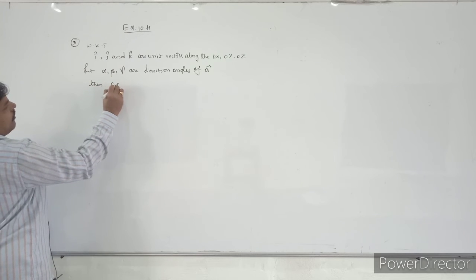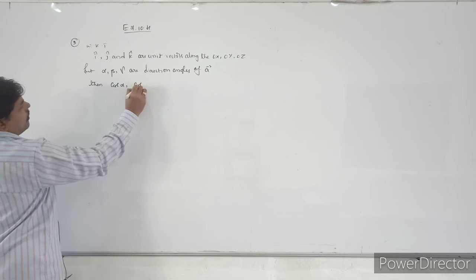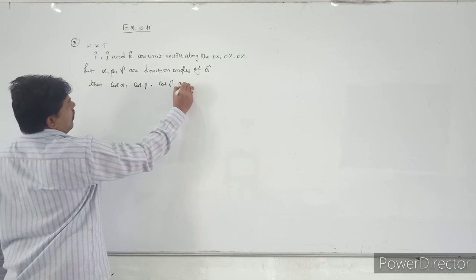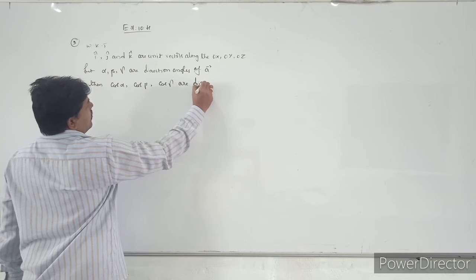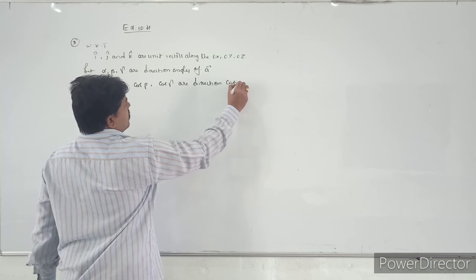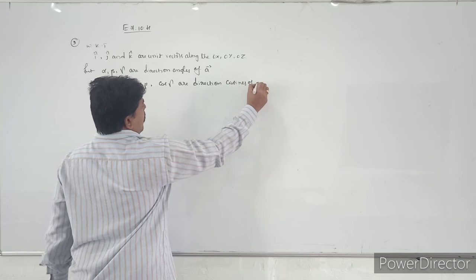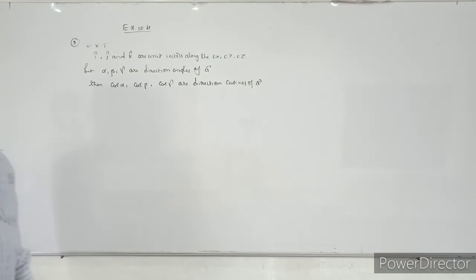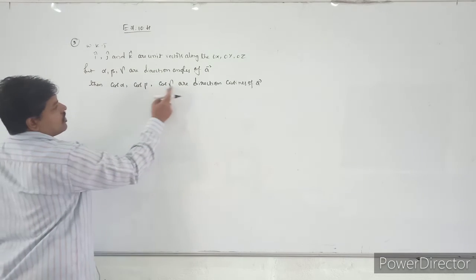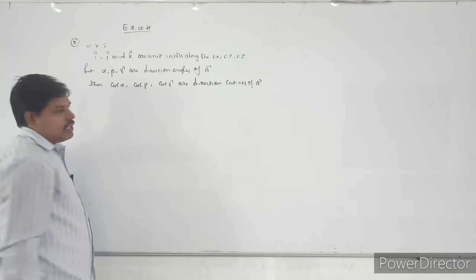Then cos alpha, cos beta, cos gamma are the direction cosines of a bar. If alpha, beta, gamma are direction angles of a bar, then cos alpha, cos beta, cos gamma are direction cosines of a bar.